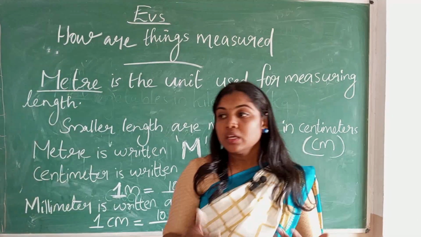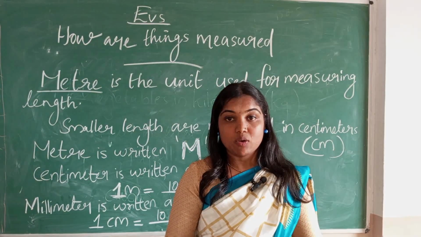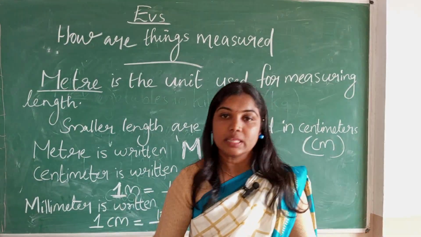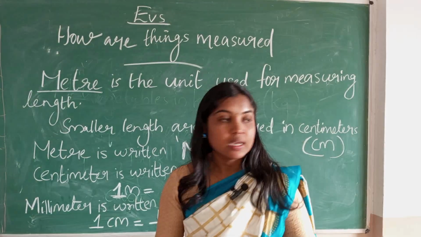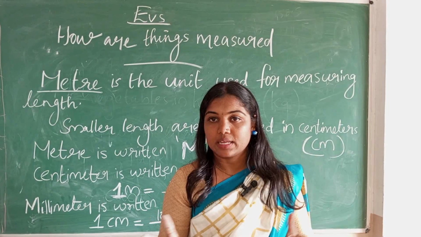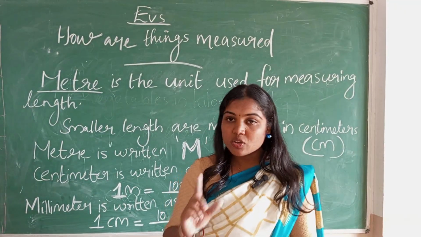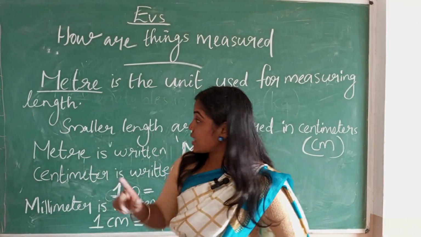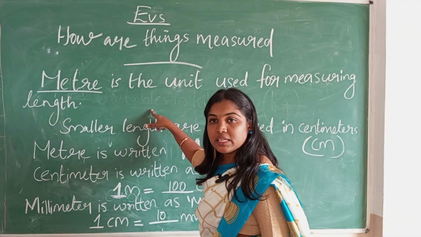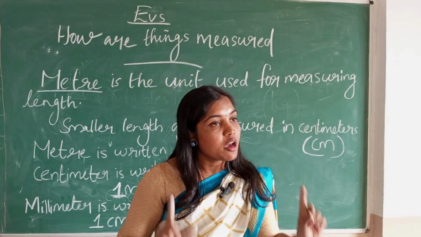That means if your mother or an adult measures anything, the length is different from yours because your handspan is smaller. So that's why we use the meter to measure things, because we get an accurate measurement.